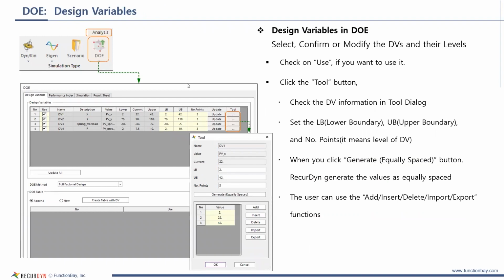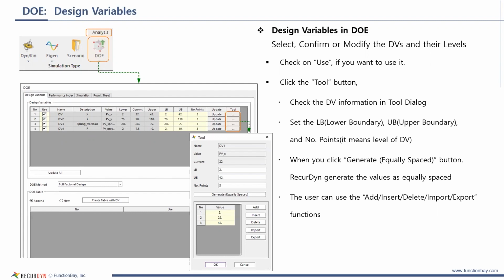Once those things have been defined, here's where you would open up the new DOE capability that's available under the analysis tab. Once you bring up this window, it would bring up a list of your design variables that you're using.